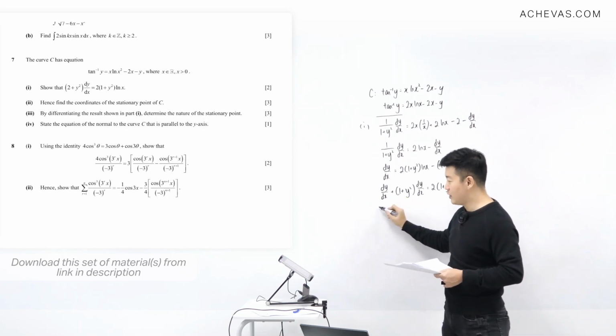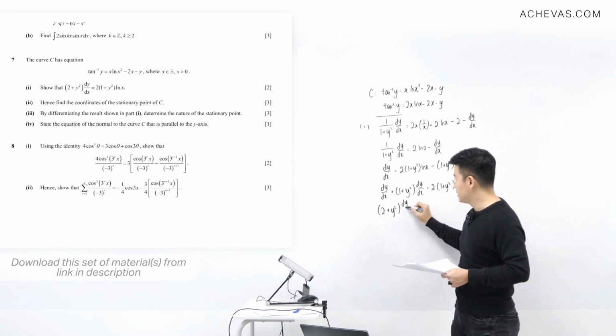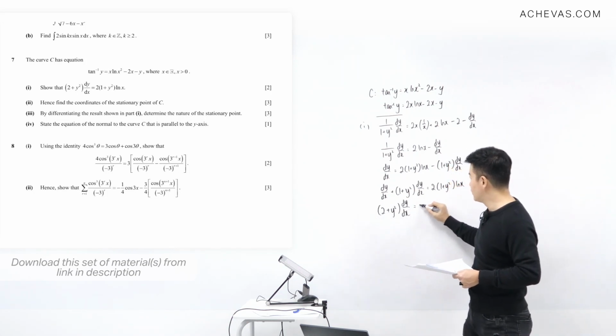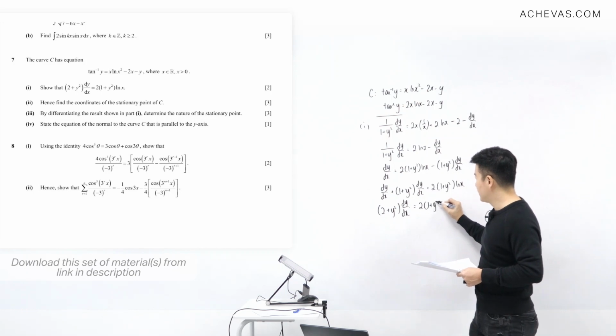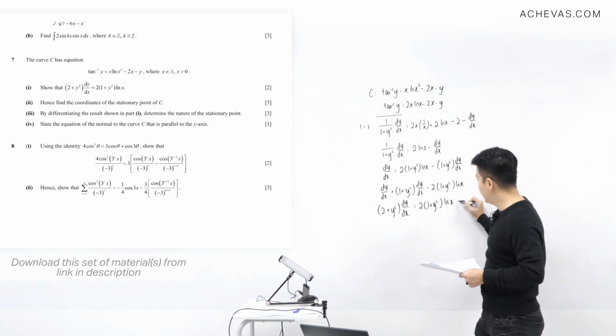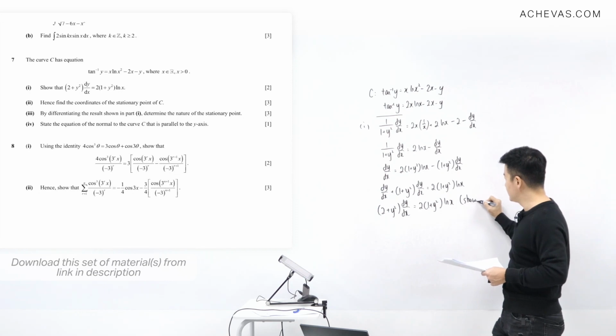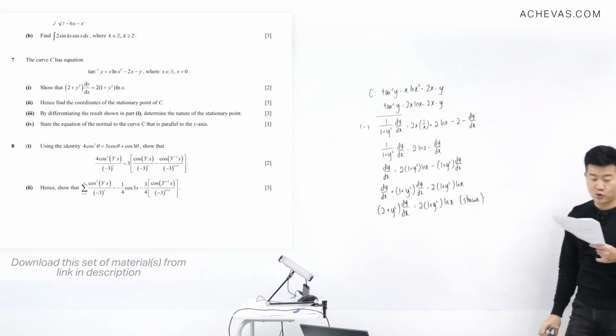Combining these together, we get (2 + y²) dy/dx equal to 2(1 + y²) ln x. Okay, this is what the question wants us to show.